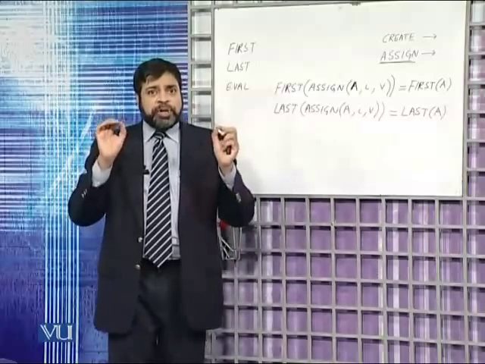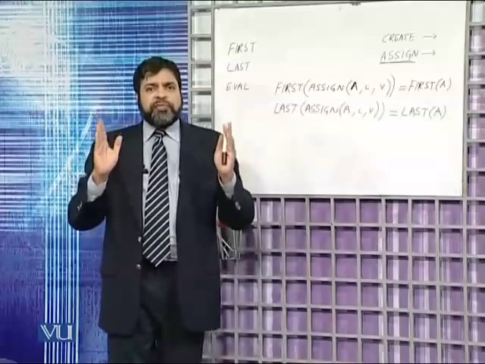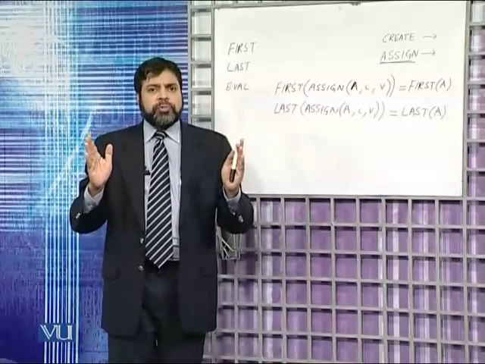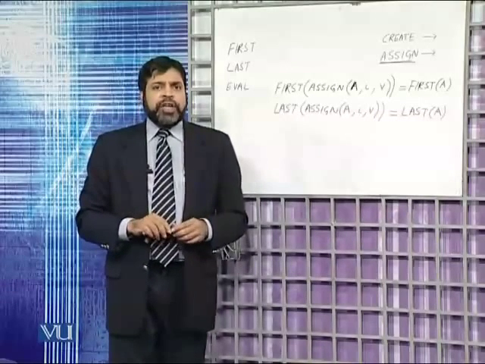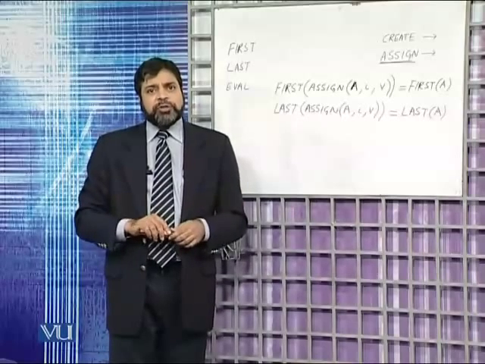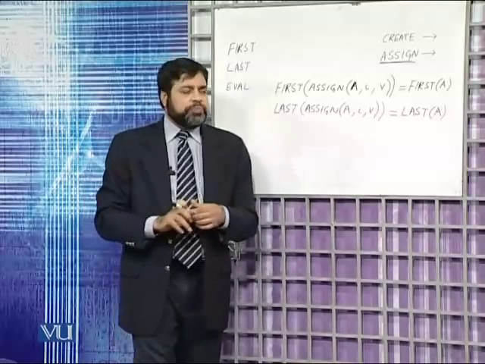And this is a precise definition. So we say that when we assign a value, the first and last do not change. So this is what we are specifying here. Now we have to write this eval in terms of assign. So this is once again an interesting operation.